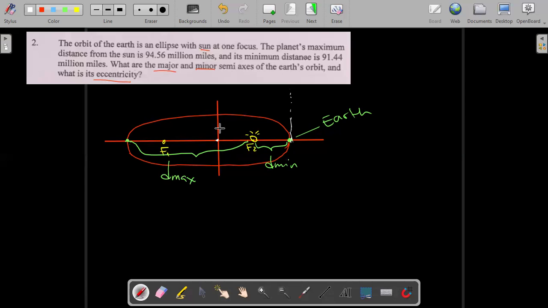The distance from this origin to where the focus is, is given by c, the point for the focus. Then from this origin all the way to the vertex here, that distance is given by a.